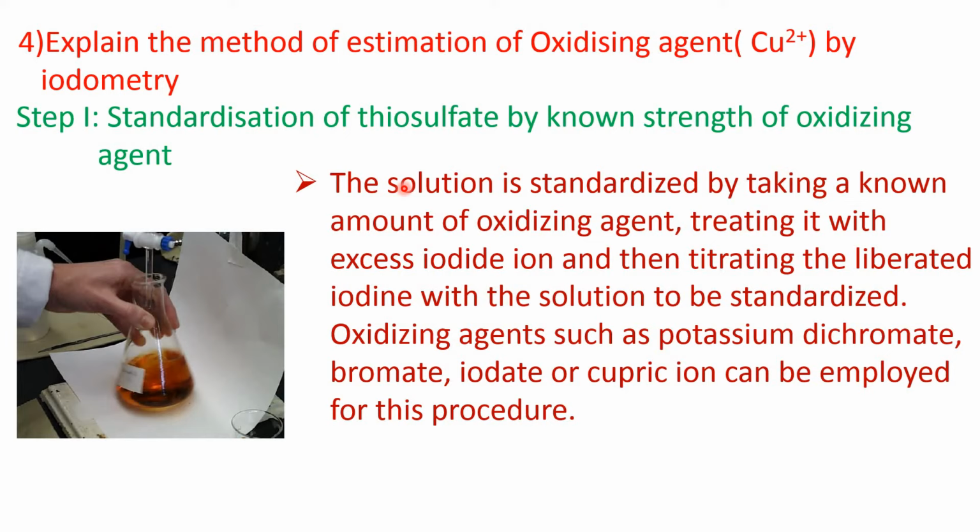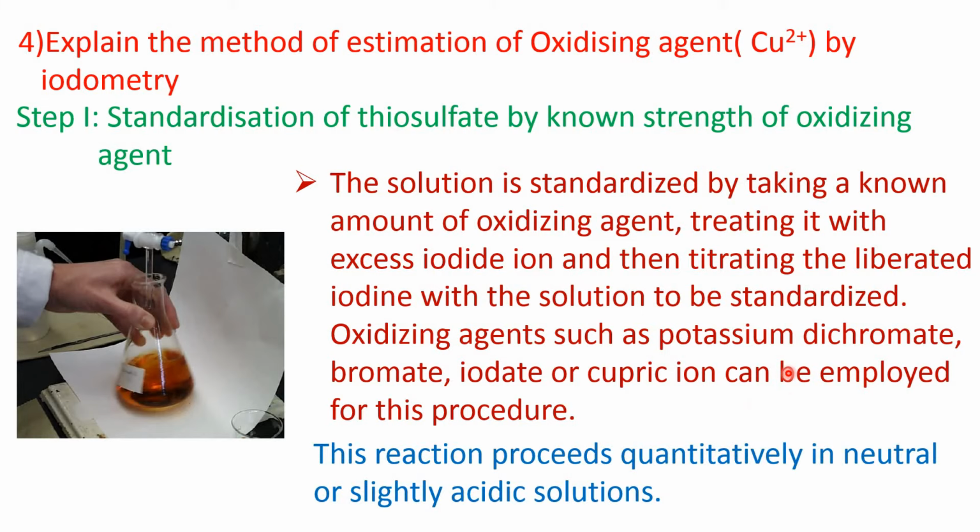Then this solution you have to titrate with the sodium thiosulfate solution whose strength you want to determine. And already I told you the oxidizing agents such as potassium dichromate, bromate, iodate and cupric ion can be employed in this procedure.